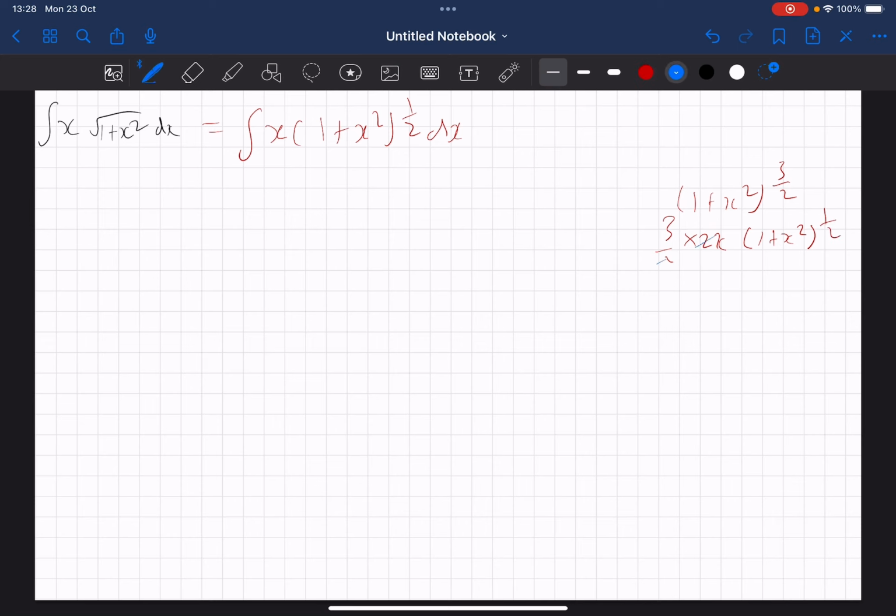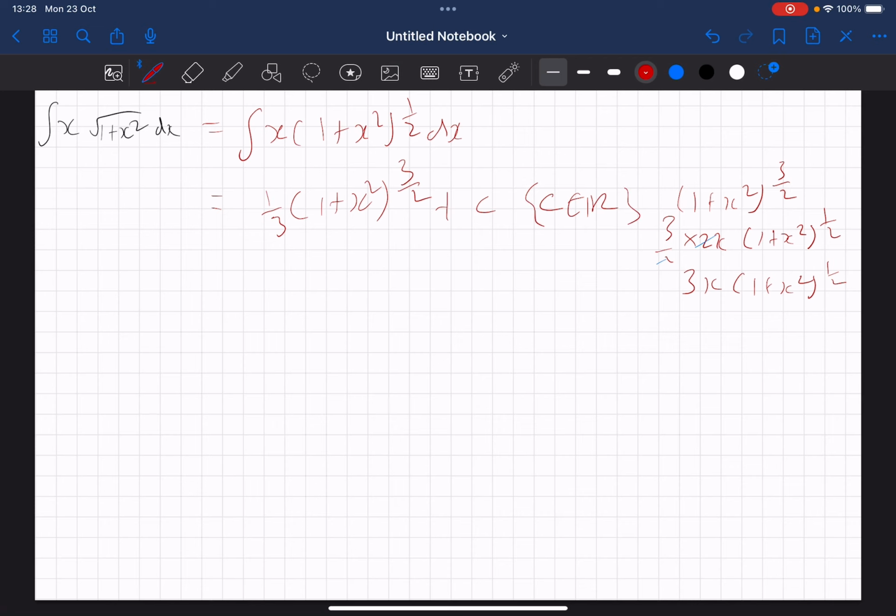These 2s will end up cancelling each other out here, so we're going to end up with 3x of 1 plus x squared to the half. But I don't want 3x, I just want x. So the way to get rid of that is to divide by the 3, i.e. multiplying by a third. So my final integral will come out as 1/3 of 1 plus x squared to the 3 halves, plus some constant c, and I should state that c is a member of the reals.